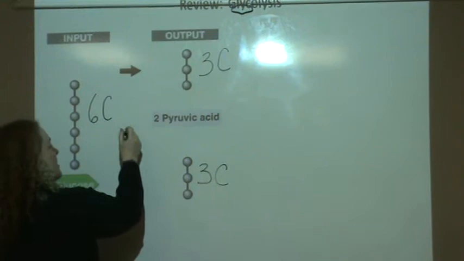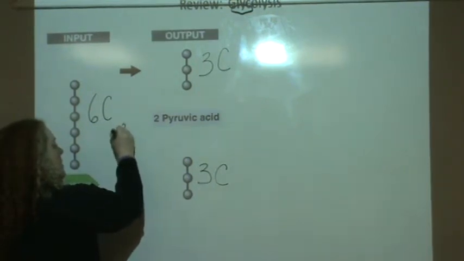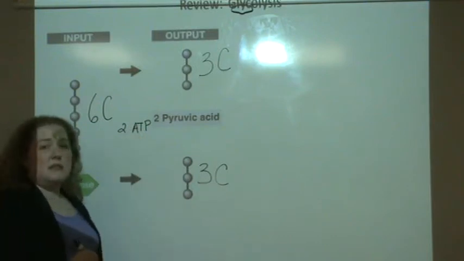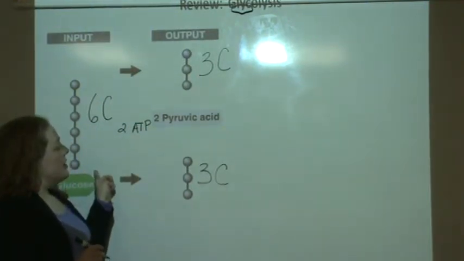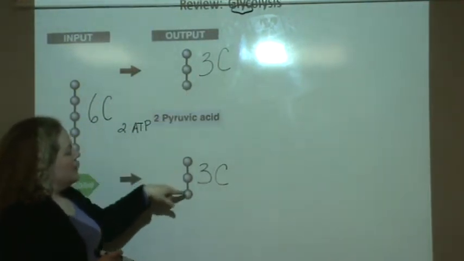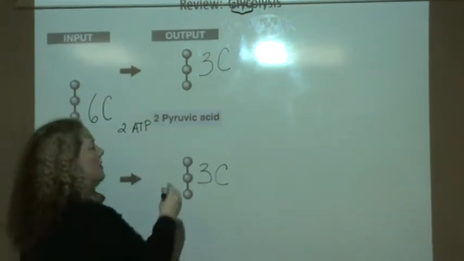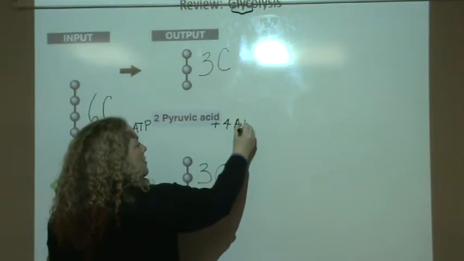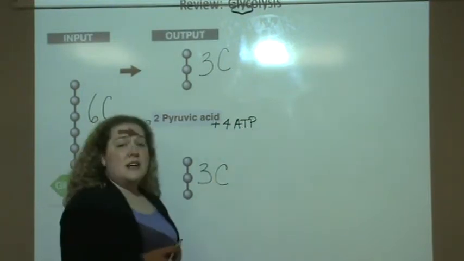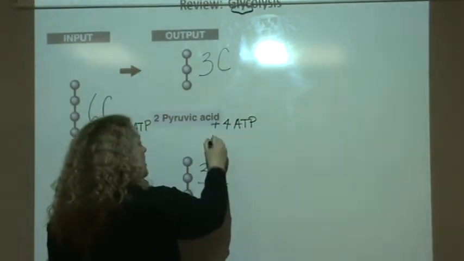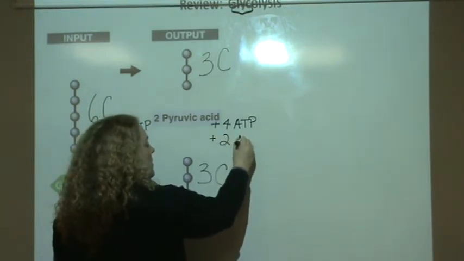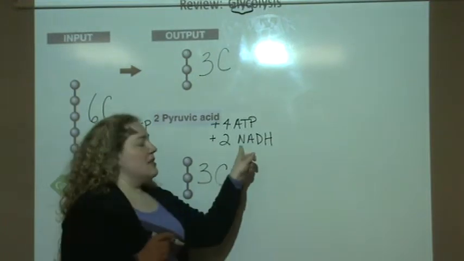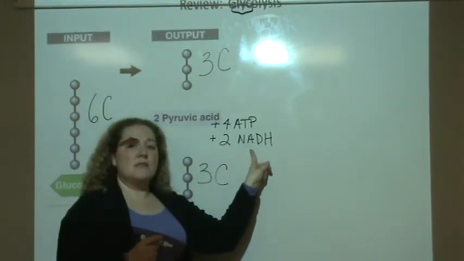And the breaking of the bonds in glucose that led to this event released some energy. So during this process, the cell had to add in 2 ATPs during the splitting process, and then it releases 2 pyruvates plus 4 total ATPs plus two of these NADH molecules that are carrying energized electrons.